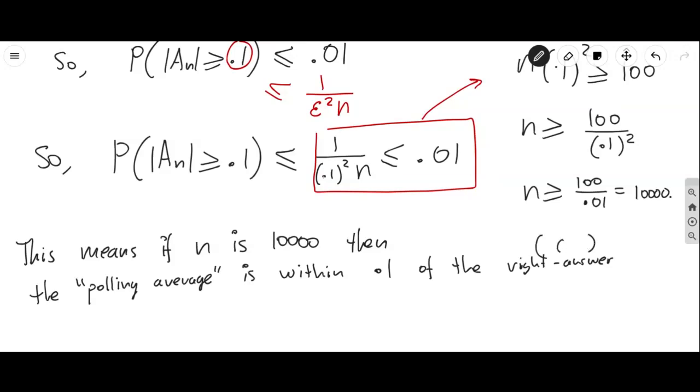Now the right answer over here is 0 because the theoretical expectation is 0. You see, I'm intentionally writing it in statistical language because that's the way it's used in applications.